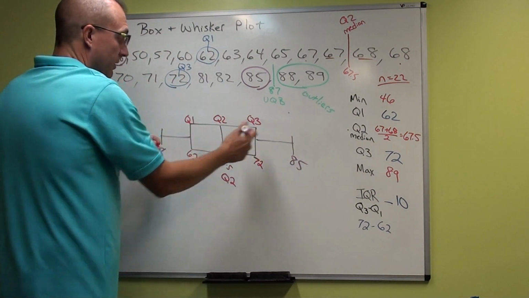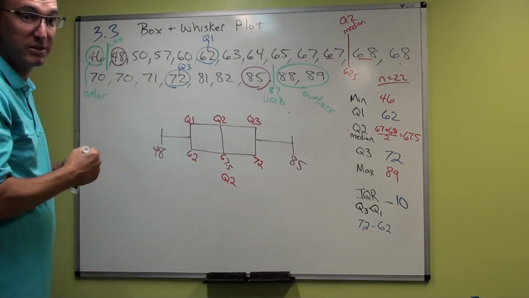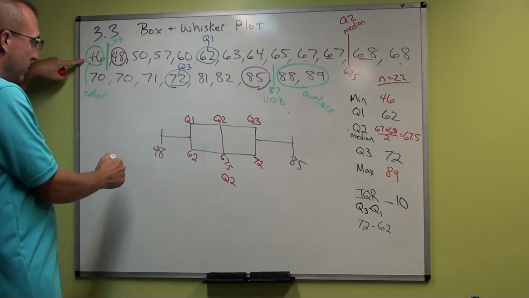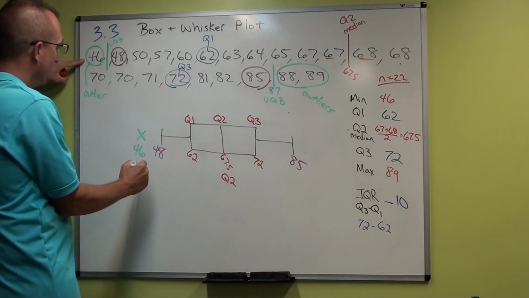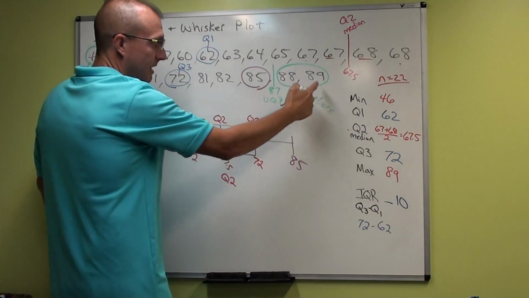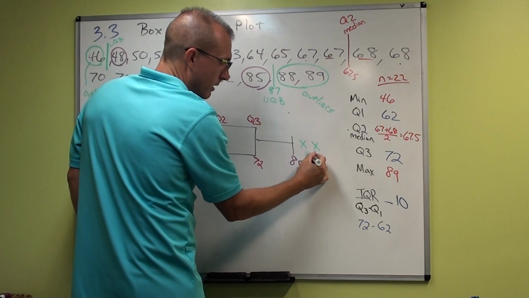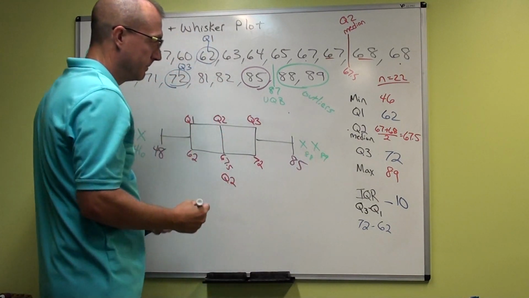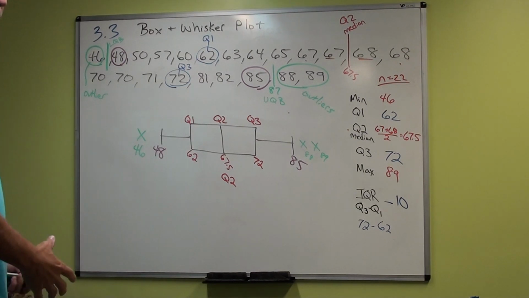Your whiskers are finished. You just can't forget that last part, and those are your outliers that you have to put a little X there. So we have 46 over here. Over here we have 88 and 89. Alright? So, that's box and whisker plot.